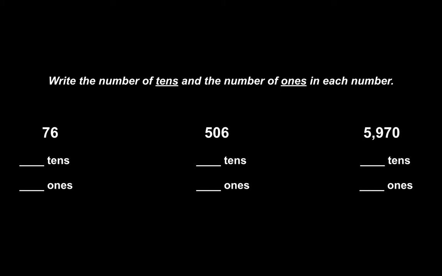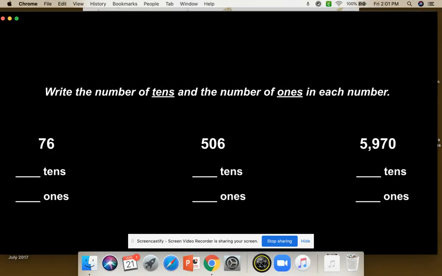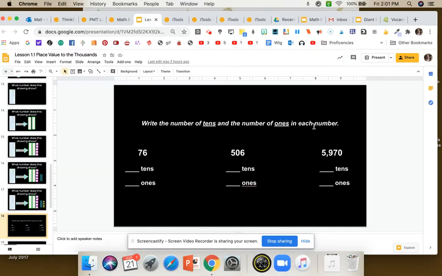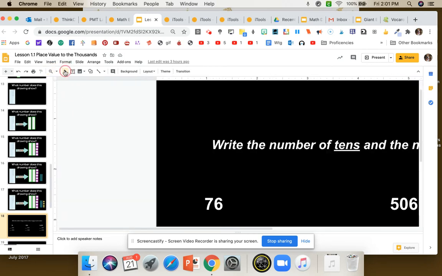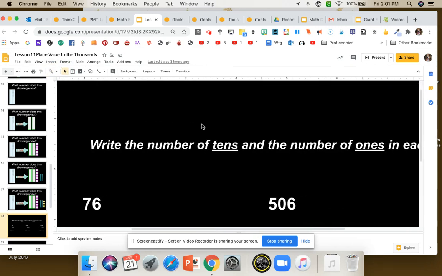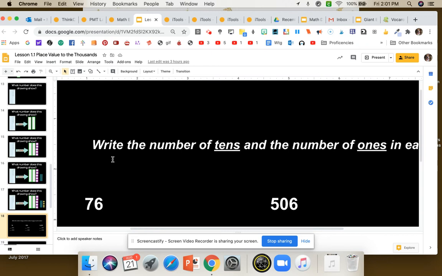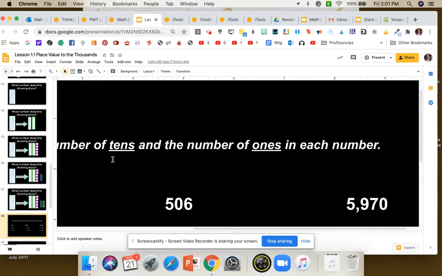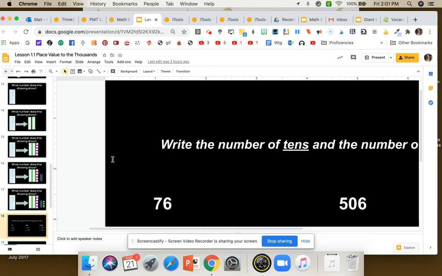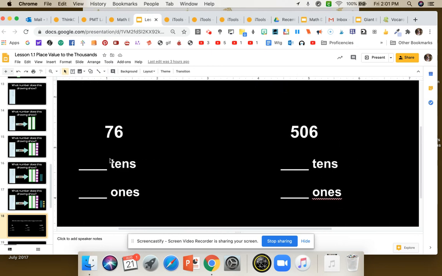Now we're going to do some practices together. So on your notebook paper, I want you to follow along with me. So I'm going to make this a little smaller so I can type on it. All right, so we are going to write the number of tens and the number of ones in each number. So we're starting with 76.